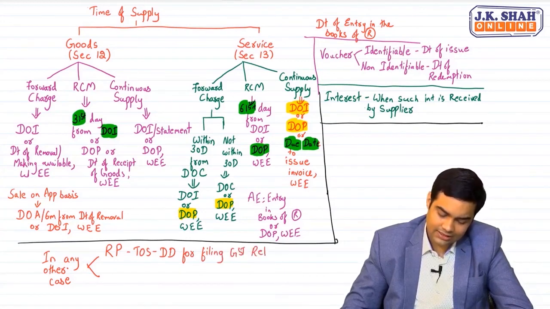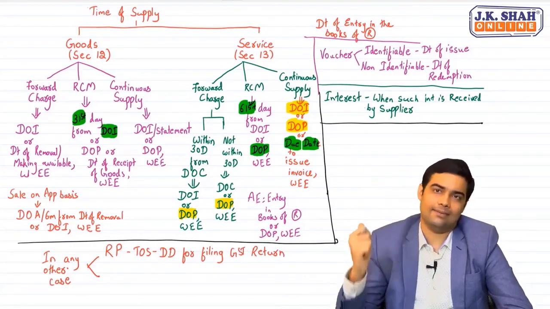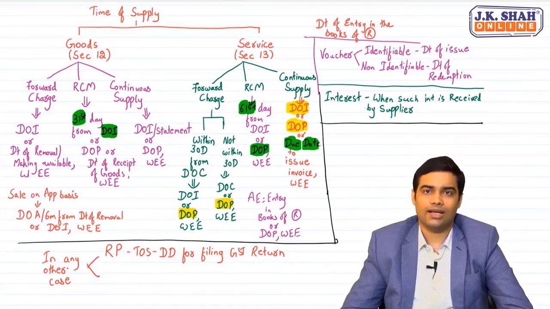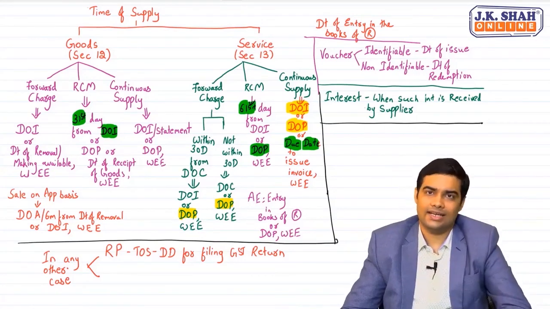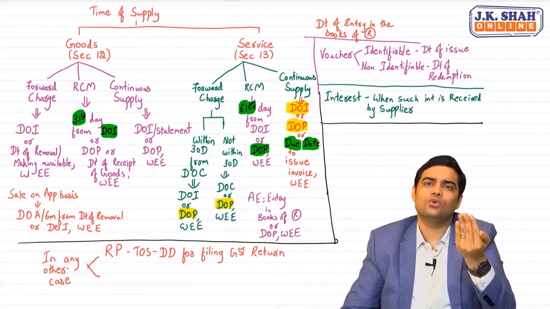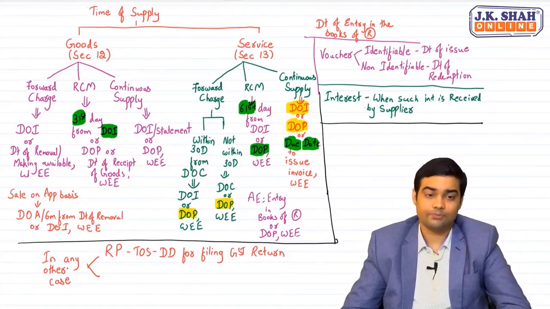So say suppose a transaction has happened in November. The due date for filing GST return would be 20th December. So 20th December will be considered as time of supply. And sir, what is the due date for GST return? Next month, 20th. You can safely conclude that for now. Then, as you move towards returns, you'll understand the various due dates.